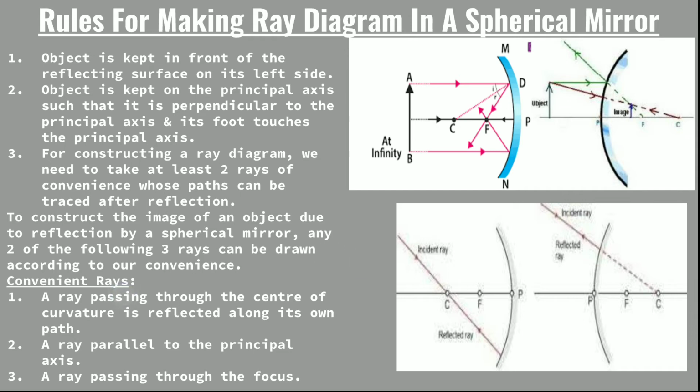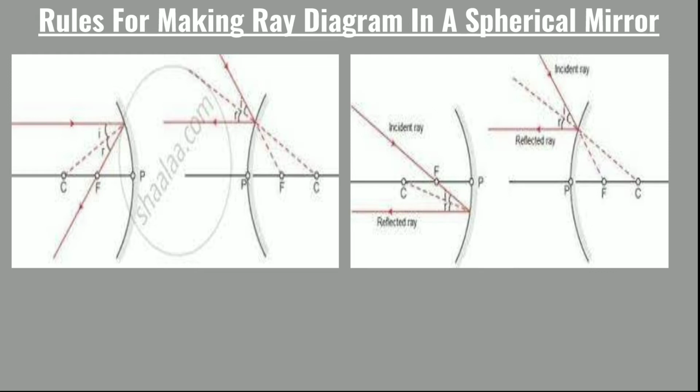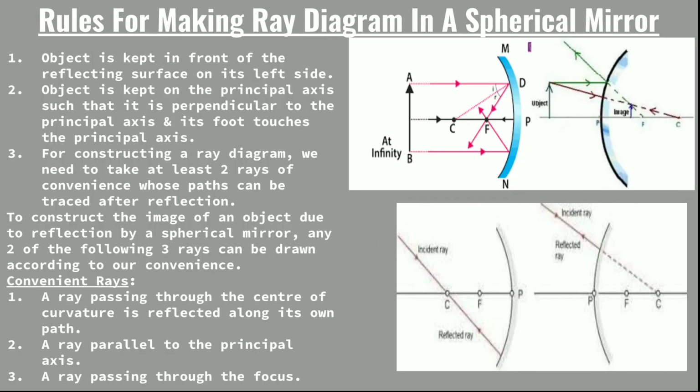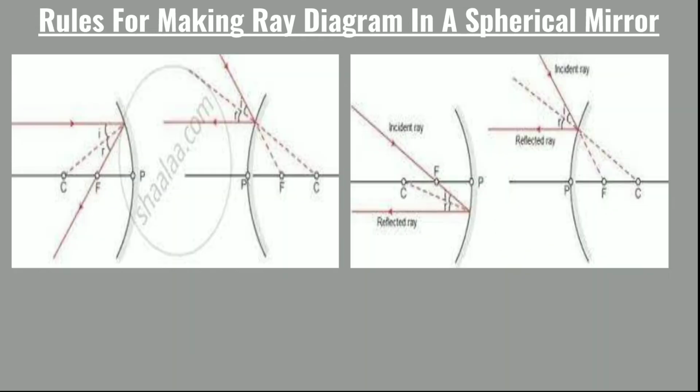Okay. Next, see this first one. If it passes through the center of curvature, it will come back through the center of curvature. So this is the first convenient ray. Then this is the second one: if a ray parallel to the principal axis comes back to the focus, or here it will appear to diverge from the focus.